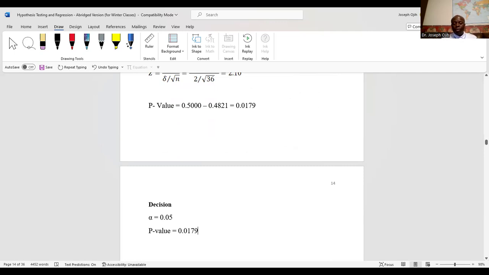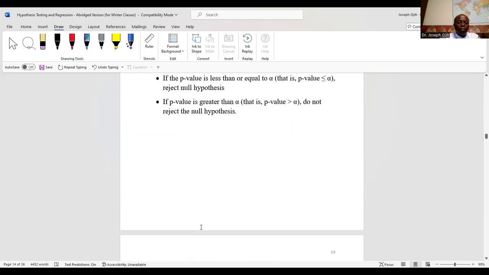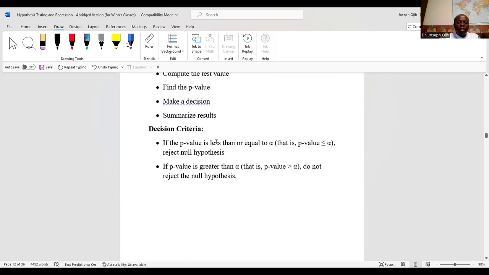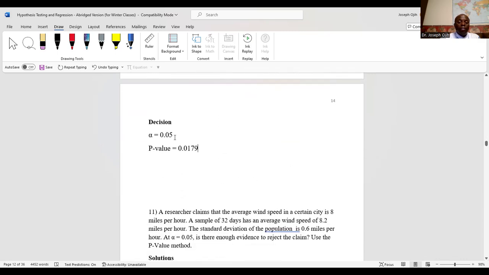Remember, I explained how to make a decision in this case. It says here, if the p-value is less than or equal to alpha, reject the null hypothesis. If the p-value is greater than alpha, do not reject the null hypothesis. In this case, this is alpha, this is the p-value. The p-value is less than alpha.